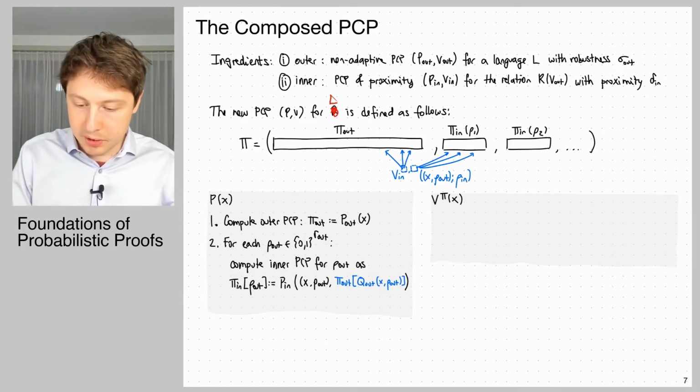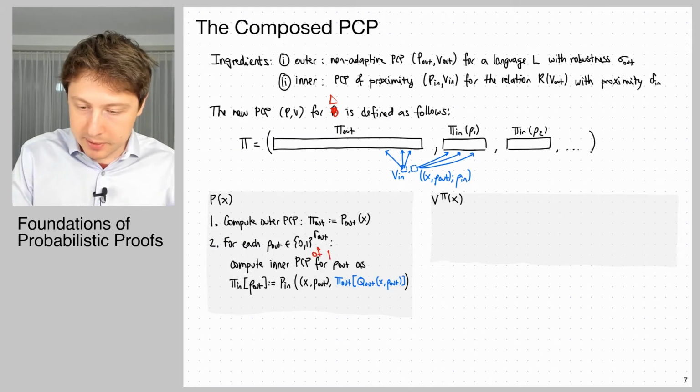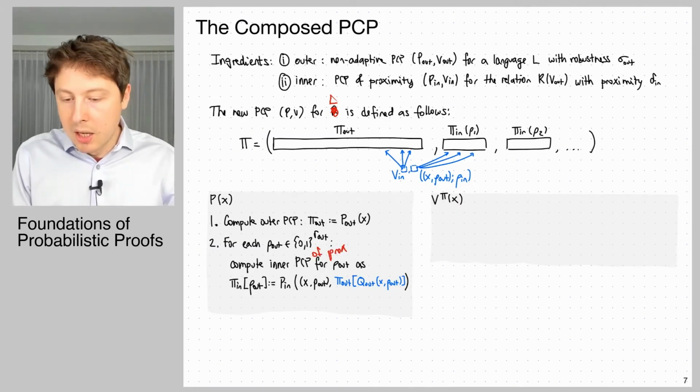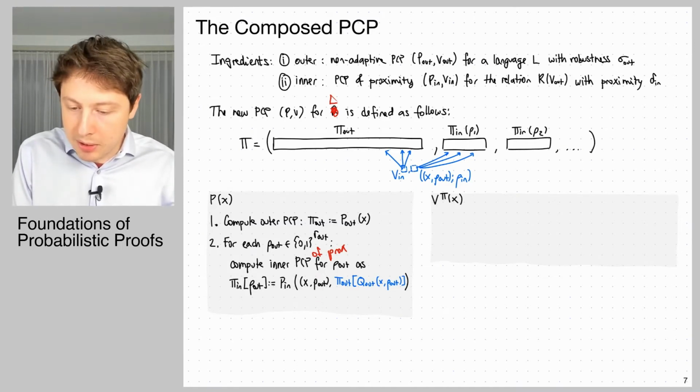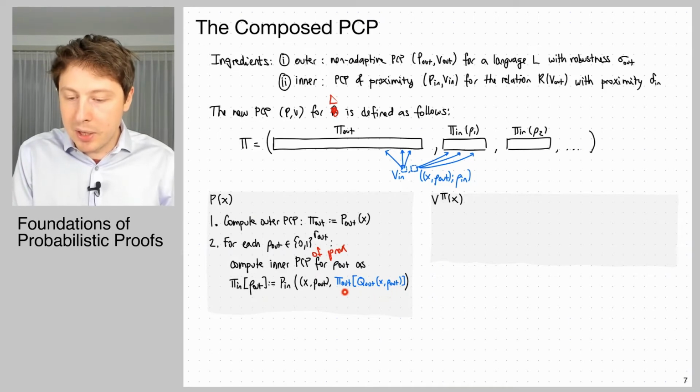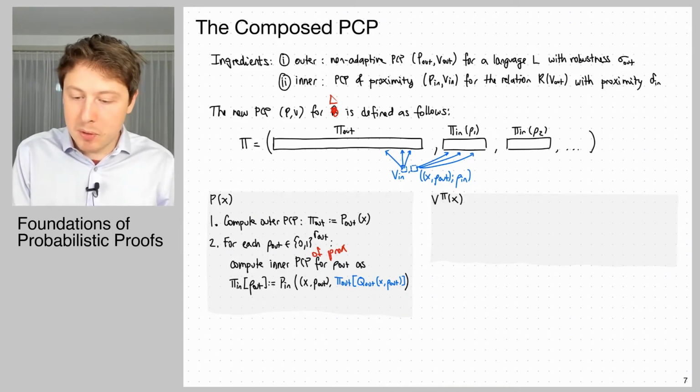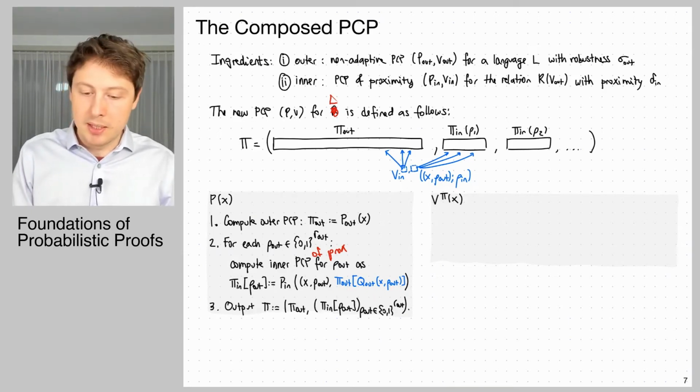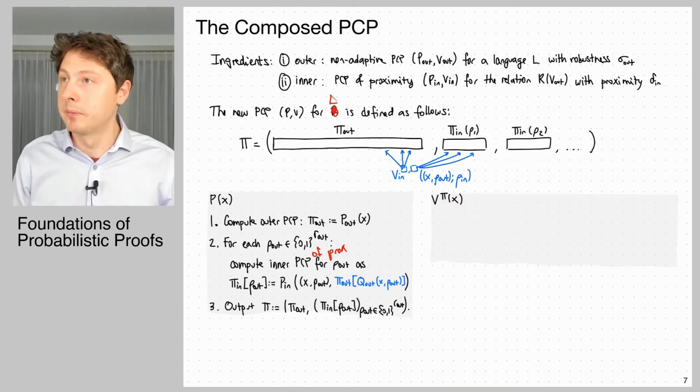Here I should really say PCP of proximity. So this is a proof about this instance, about this choice of randomness, but also about this inner witness, because this proof of proximity will be about this witness. And then it outputs this whole thing.